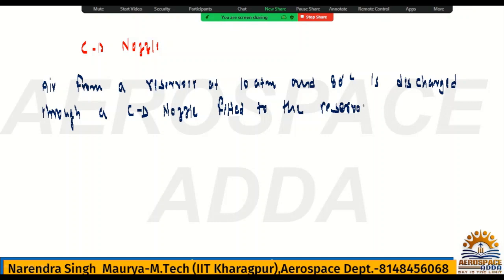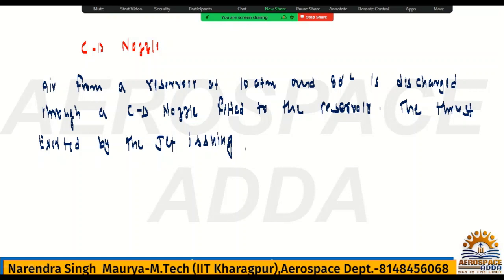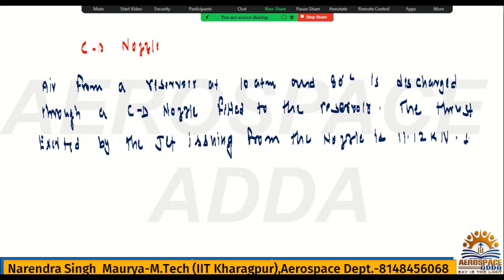The thrust exerted by the jet issuing from the nozzle is 11.12 kilonewton.